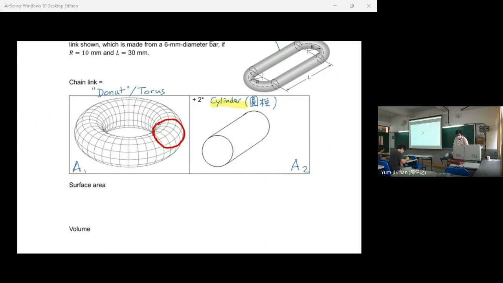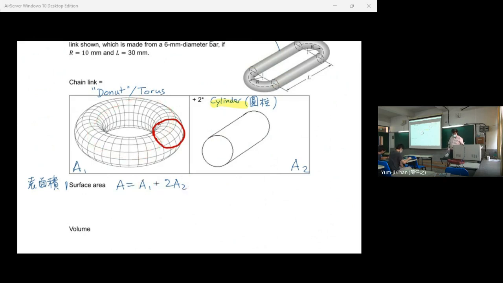So the surface area A, remember surface area is 表面积, is equal to A1 plus 2A2, because we have two cylinders, one on the left and one on the right, and we have one torus.